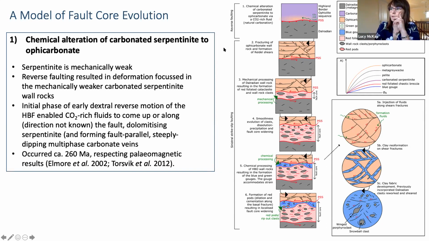If you remember back to the stereonets, those veins showed us evidence of reverse motion. So all that happened at an early stage during reverse faulting. There are some paleomagnetic studies which suggest that this CO2-rich fluid, which dolomitized the unit, occurred 260 million years ago.